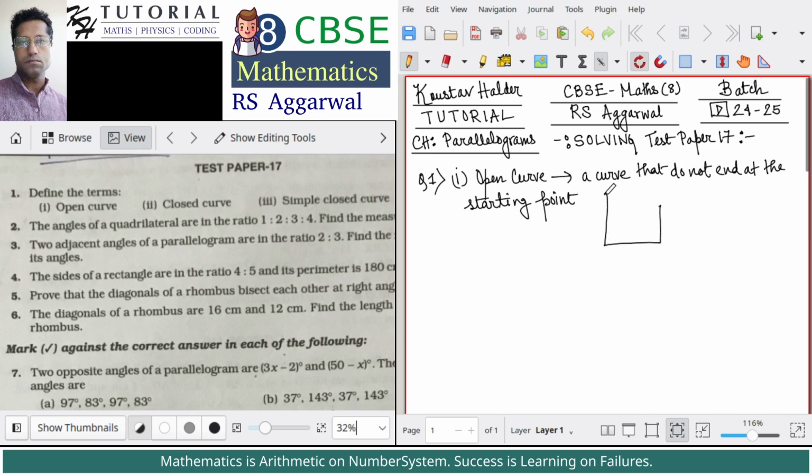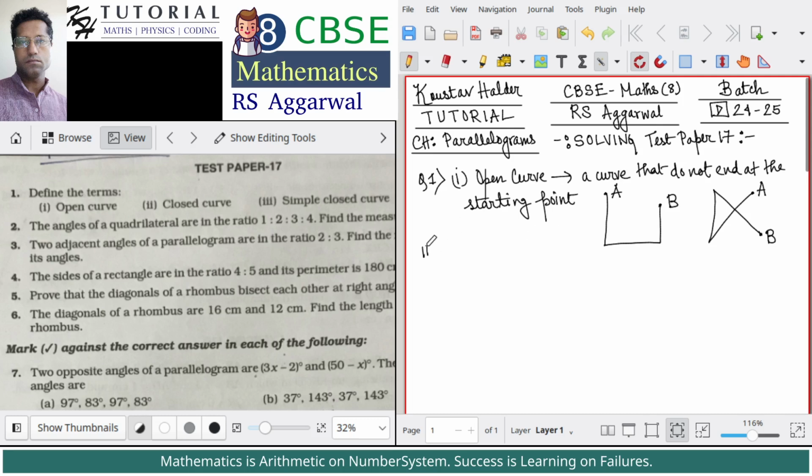A was the starting point and B is the ending point, and since A and B are not the same point, this is an open curve. Similarly, this curve is also an open curve because I started from the point A and ended at the point B. So these two curves are open curves.